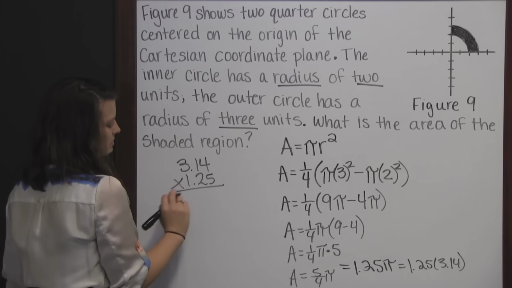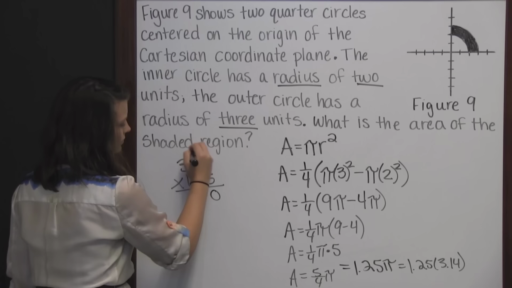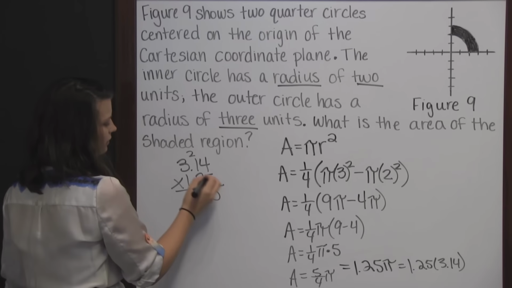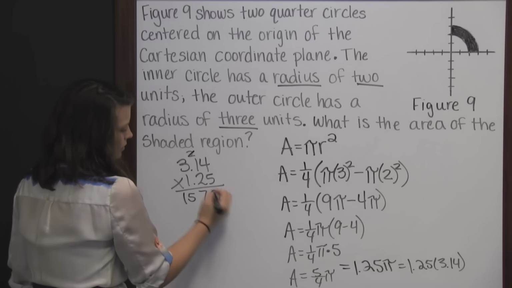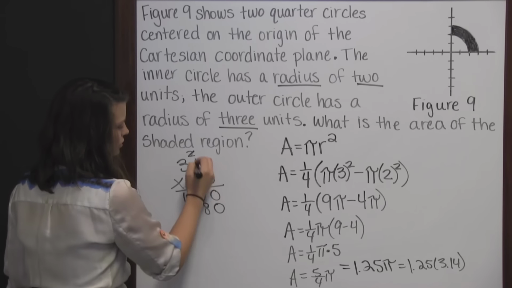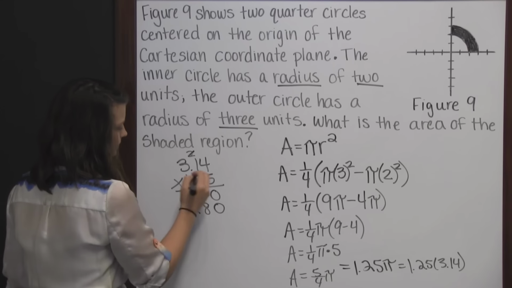So 3.14 times 1.25. 5 times 4 is 20. 5 times 1 is 5. That's 7. 5 times 3 is 15. Put a 0 placeholder. 2 times 4 is 8. 2 times 1 is 2. 2 times 3 is 6.